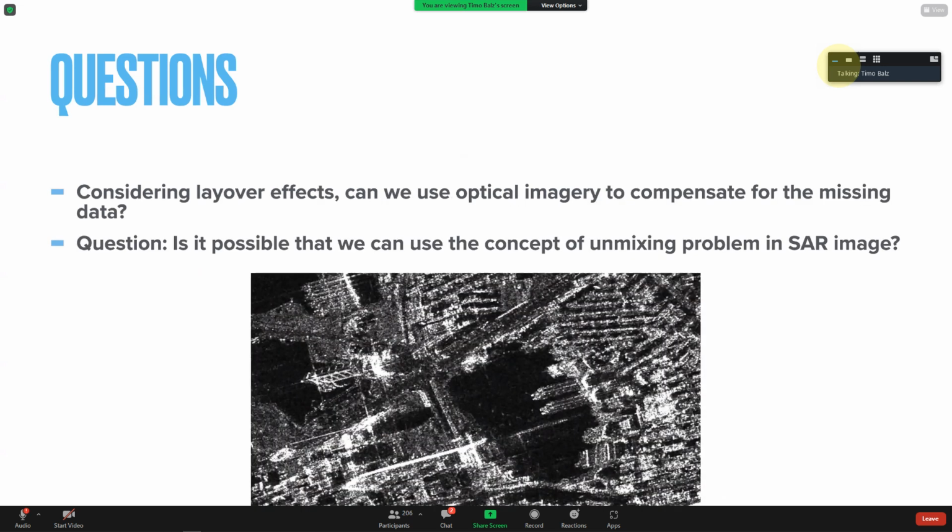Considering the layover effect, can we use optical imagery to compensate for the missing data? Well, can we? One could probably develop a kind of method, but I don't see any use in that.